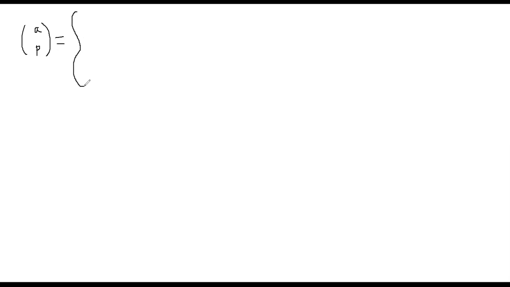It is made of three possibilities. Okay, 0 if A is a multiple of P. That means we write it like A congruent to 0 mod P, right? That's one possibility. And the other possibility is that A is indeed a quadratic residue.